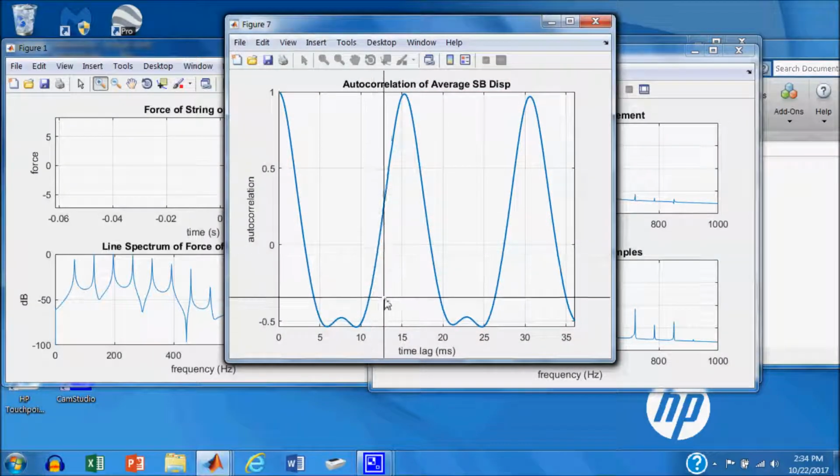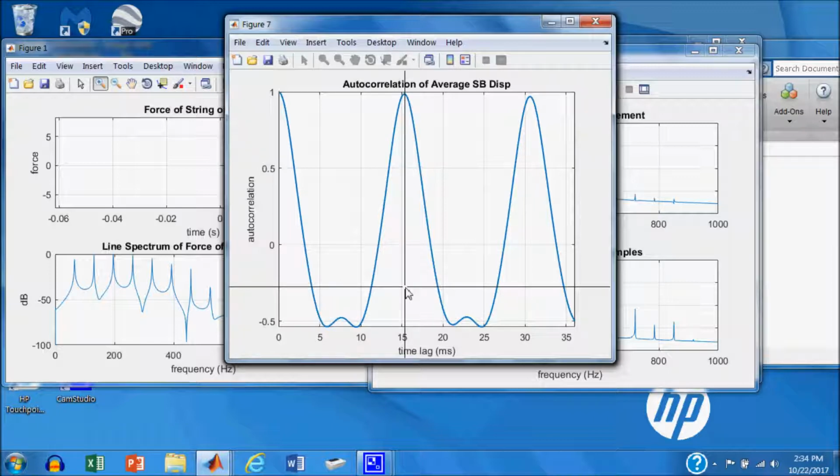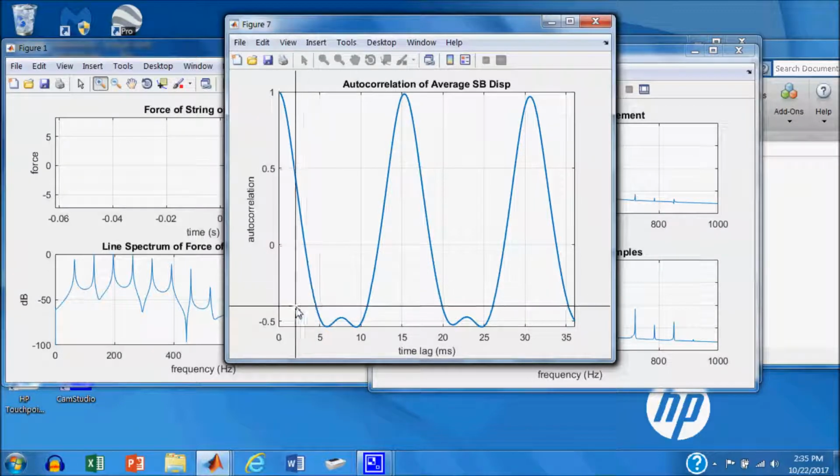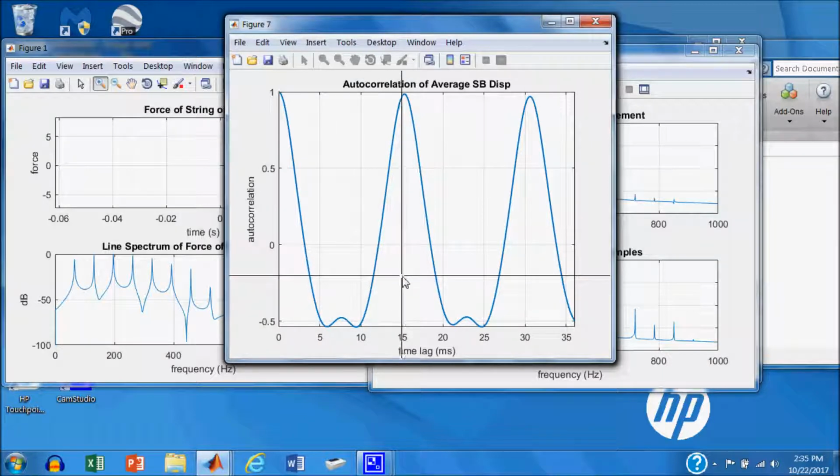Here, for example, is the autocorrelation of the average soundboard displacement. That's the one we don't like. You can see the idea is to find the location of the first and strongest peak, which is right there, which is at about 15 milliseconds, which back calculates to a frequency of 65 hertz.